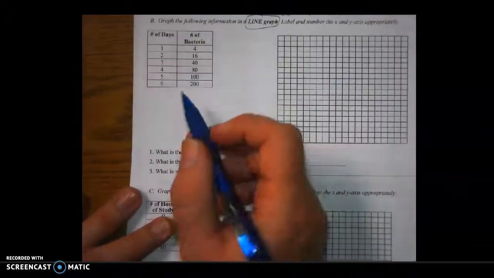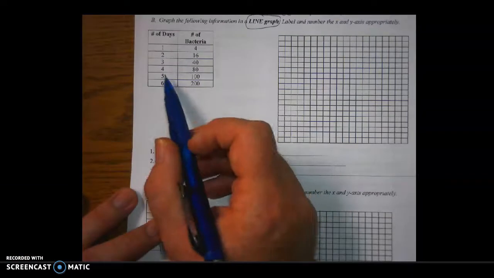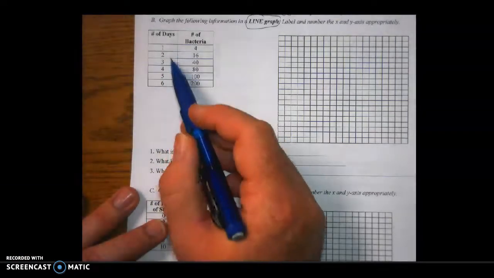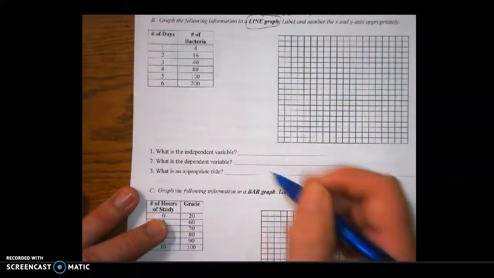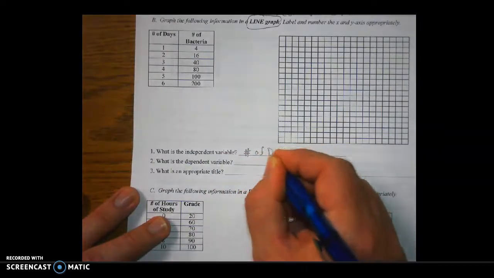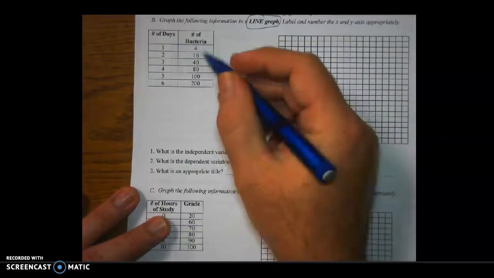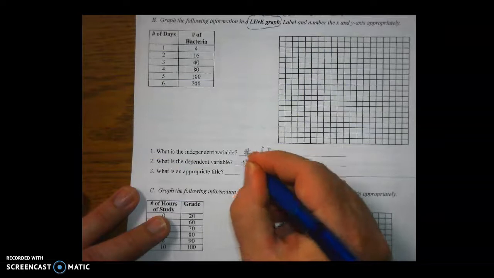And we're going to find our independent variable. So again, it's what we change, and we are changing the day that we're counting our bacteria. So the number of days is our independent variable, and what we're counting is the number of bacteria. So that's our dependent variable.